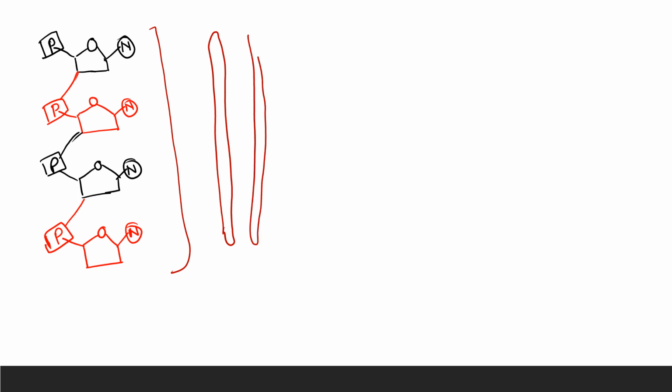DNA is a double chain. So now we need to understand how the second chain is formed. As we are saying, the structure of DNA is a double helix chain. We will talk about what a helix is in the next slide, but right now we need to understand how we are going to make the double chain.